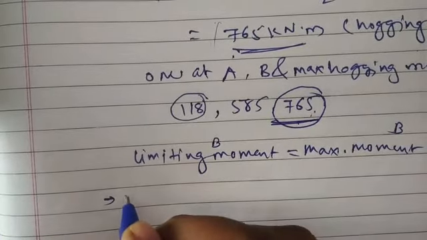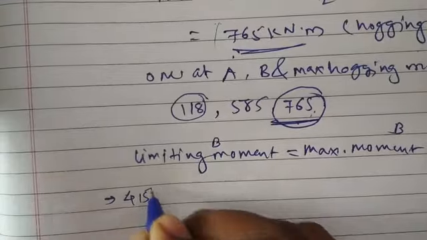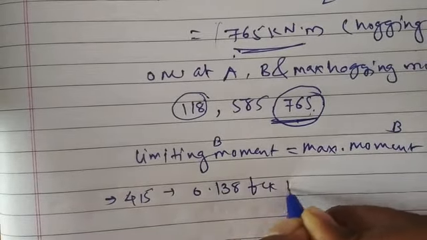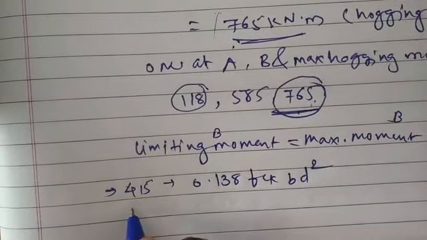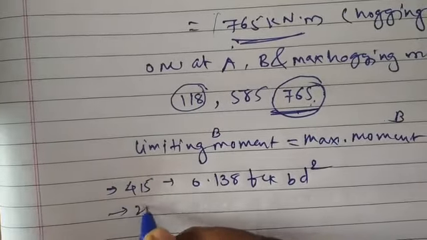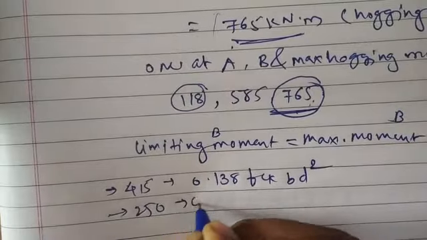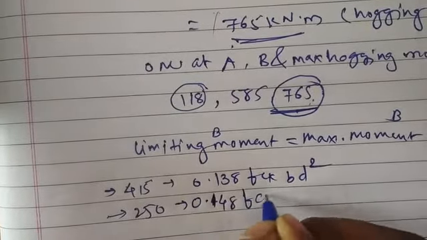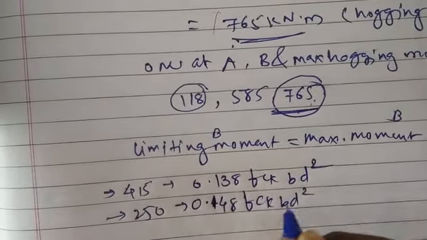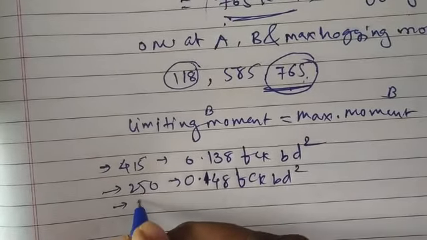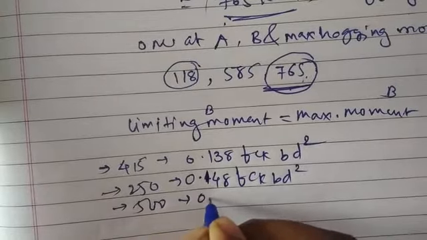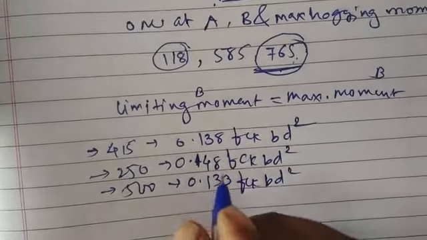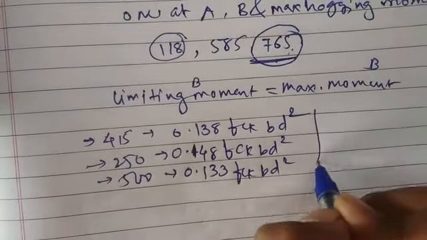For 415 steel it is 0.138 FCK BD square. For 250 steel it is 0.148 FCK BD square, whereas for 500 it is 0.133 FCK BD square.